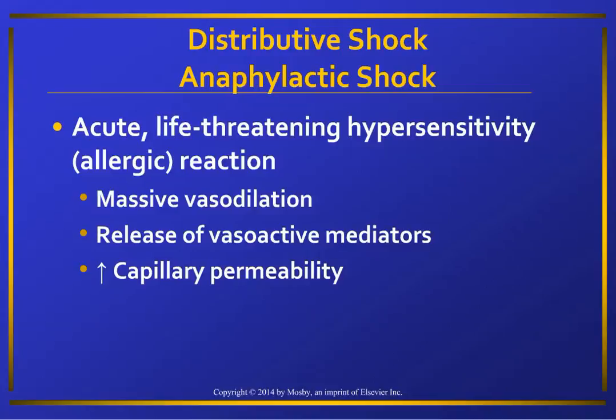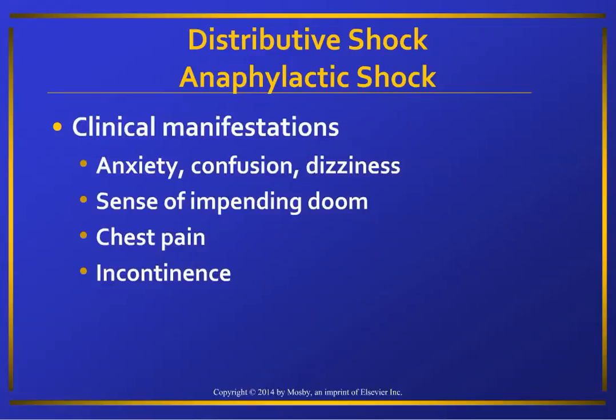A patient can develop a severe allergic reaction, possibly leading to anaphylactic shock after contact, inhalation, ingestion, or injection with an antigen or allergen to which the person has previously been sensitized. The clinical manifestations of anaphylactic shock include anxiety, confusion, and dizziness, the sense of impending doom, chest pain, and incontinence. The patient experiences a very sudden onset of symptoms.